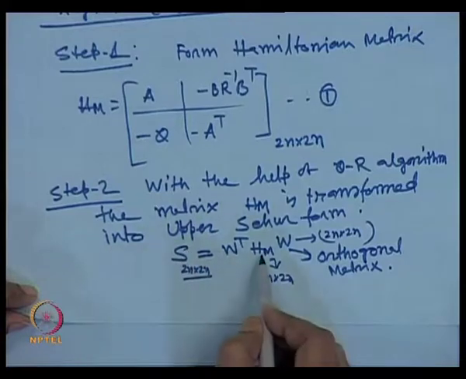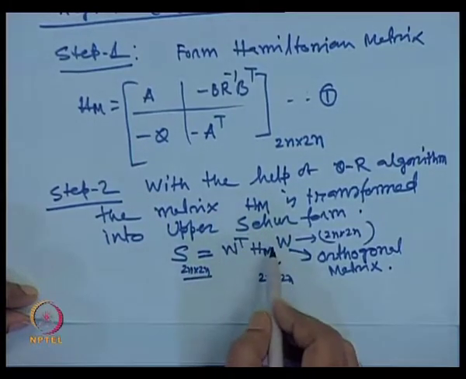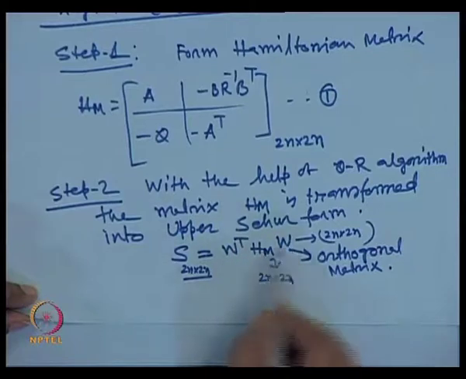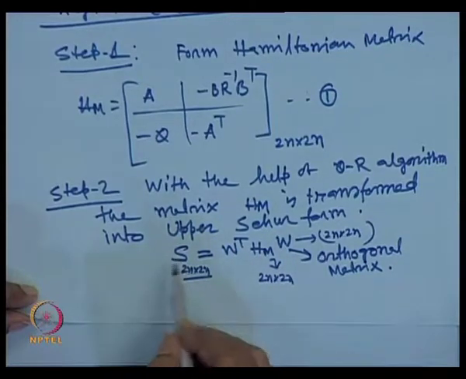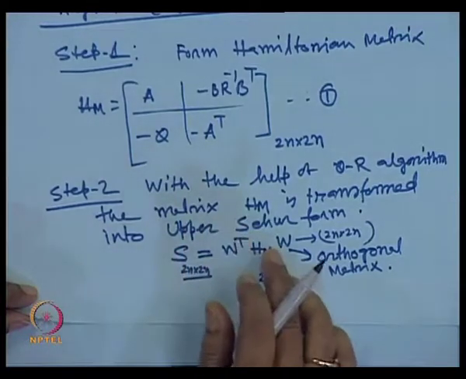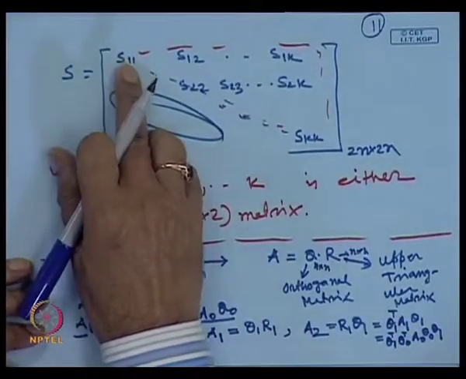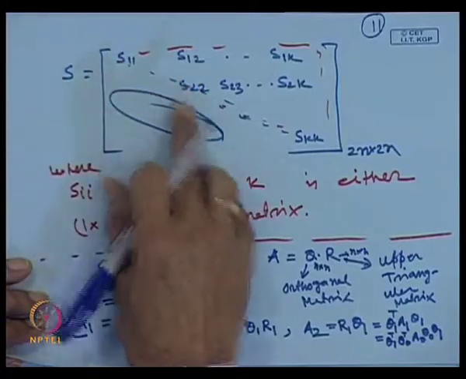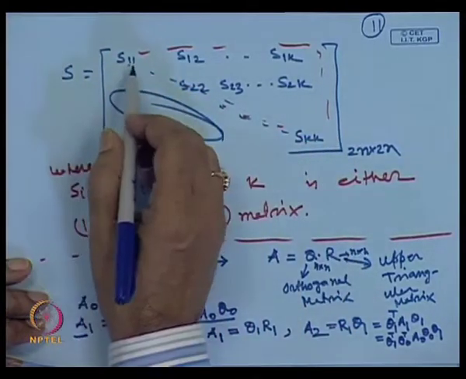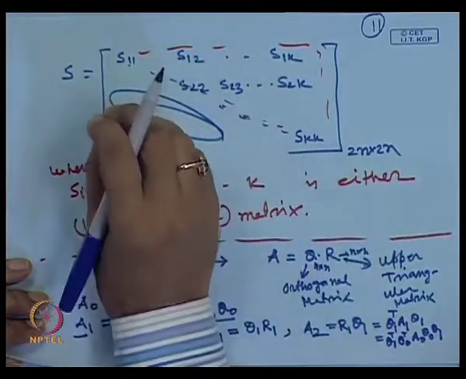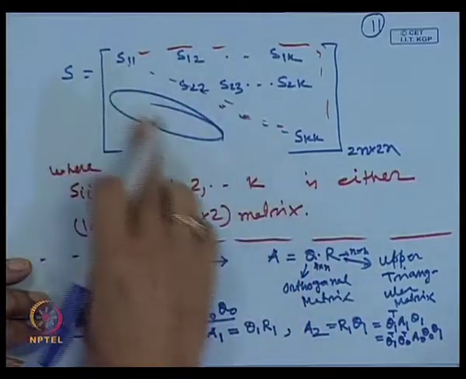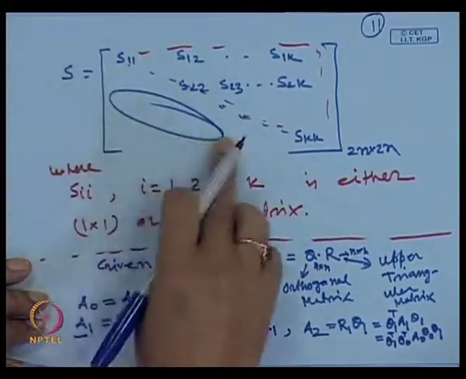We convert HM with a transformation W, so that W transpose HM W converts into a new matrix S. That S has a special structure: S11, S12, up to S1K, and we have K such blocks S11, S22, S33, and each diagonal block will be either a 1 by 1 scalar block or a 2 by 2 block, and the remaining lower parts of this matrix are 0.